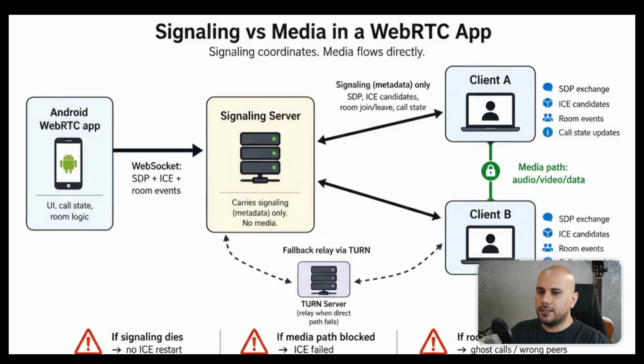If signaling dies after the call starts, the current media may continue for a while, but you lose the ability to renegotiate or restart ICE. If the media path is blocked but the signaling is fine, you will see all the right events, but the remote video stays black. So in production, you must monitor both signaling health and ICE media health.